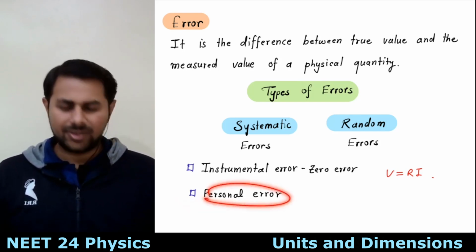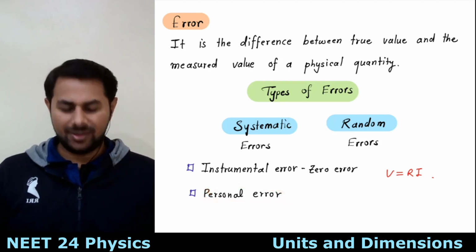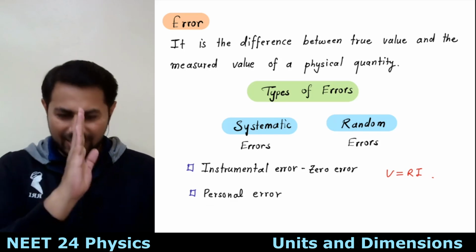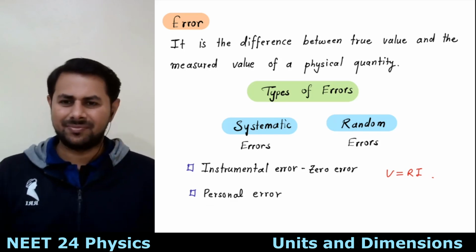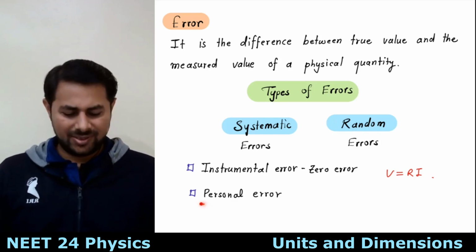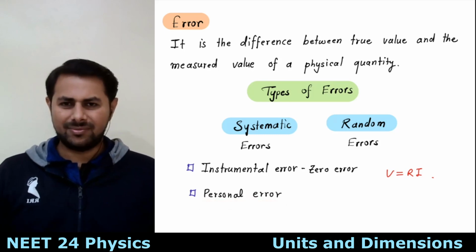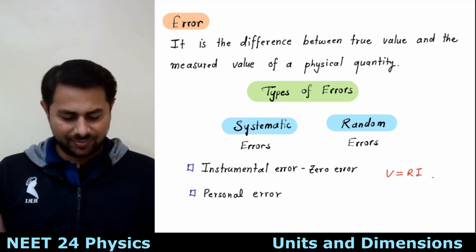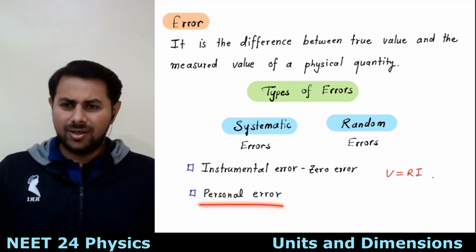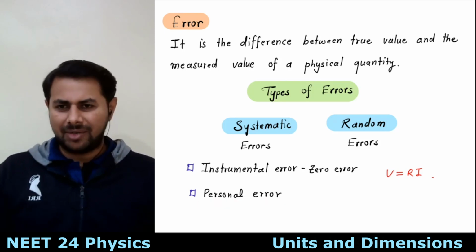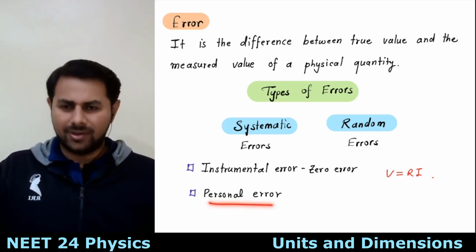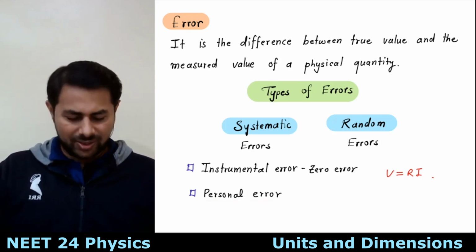The person doesn't know how to take a reading, so the person has to be taught that you have to look at right angles to the scale. So this is a personal error. This might be the habit of a person also, so they have to be taught.